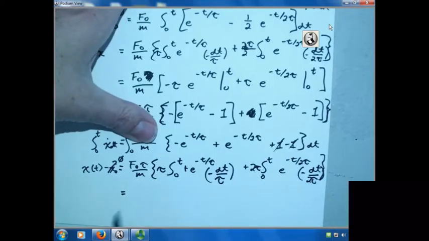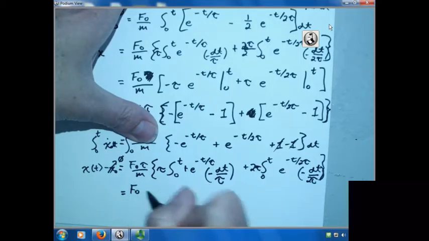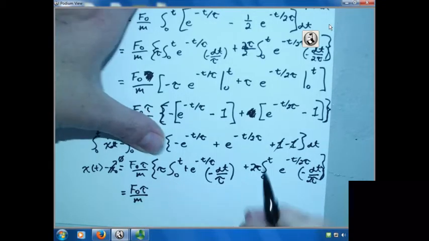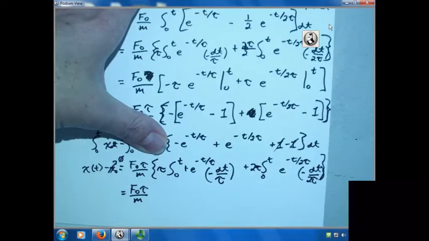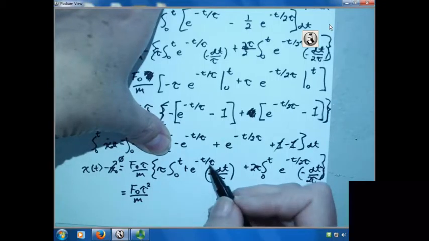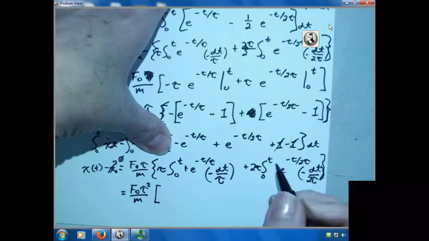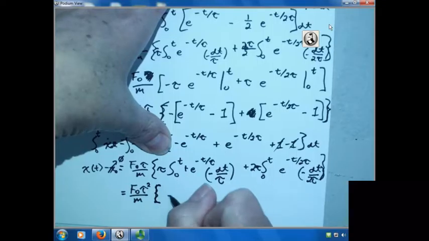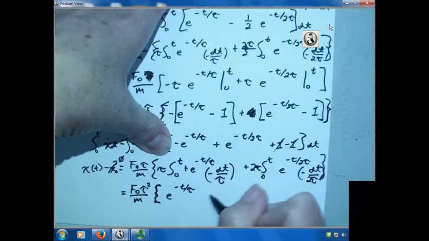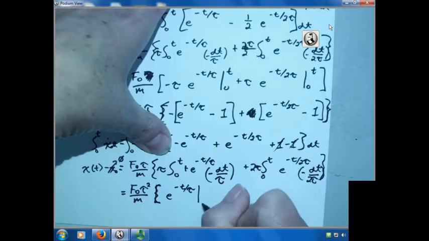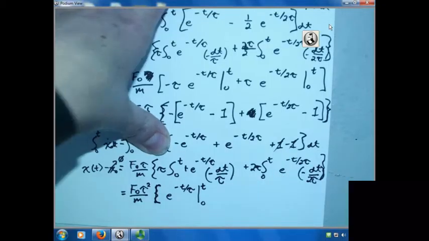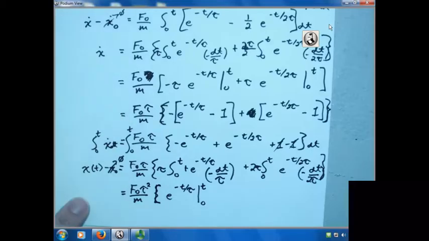All right, so I've got f naught tau over m times, I'm going to make this tau squared if I can remember to do that. I'll take one of those taus out front. So I've got times e to the minus t over tau, which I'll evaluate from 0 to t. This will give me x as a function of time ultimately, and then I'll take my limit where t goes to infinity as the last step, okay?